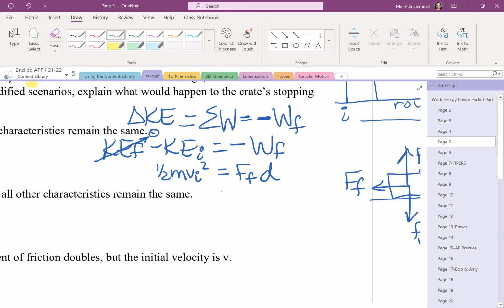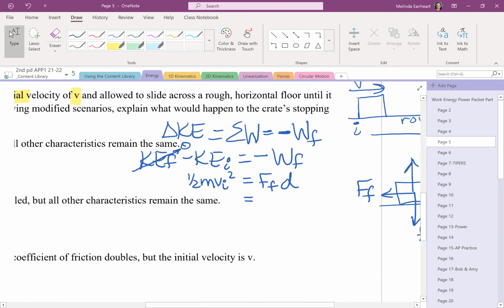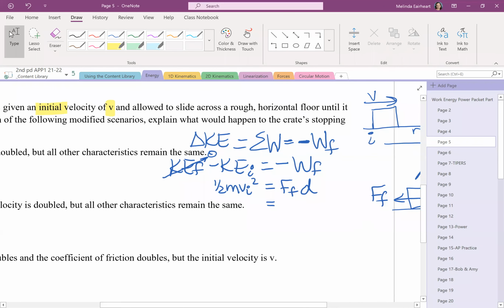And then force of friction here is going to be, they mentioned coefficient later on, but mu Fn times D. And here we already said that Fn is going to balance the weight. And so I can take the right side all the way to mu mg times D. And then bring that left side on down.